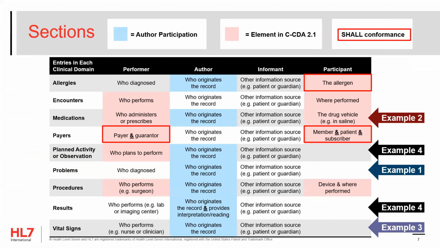So on this slide, for payers where you've got payers and guarantors, medications where you've got who administers or who prescribes, and in the spot where you've got the ampersand in results, would you be open to modifying the slide so that you say who administers, comma, who prescribes?